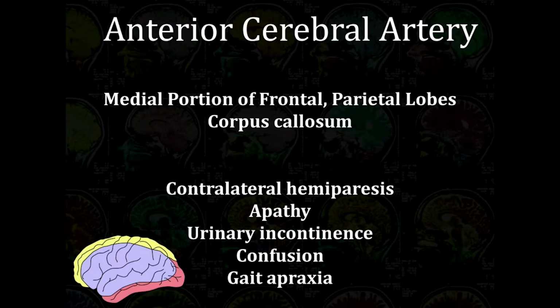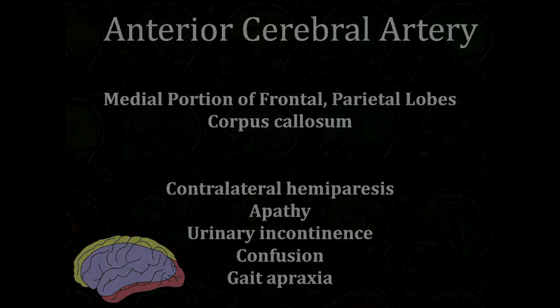And so these patients are going to exhibit multiple clinical symptoms: contralateral paralysis, apathy. They have a very flat affect, urinary incontinence. They're going to be very confused, and they're going to have what's called gait apraxia, where they just have the inability to have proper gait. They can't stand very well. They may have balance issues, etc.